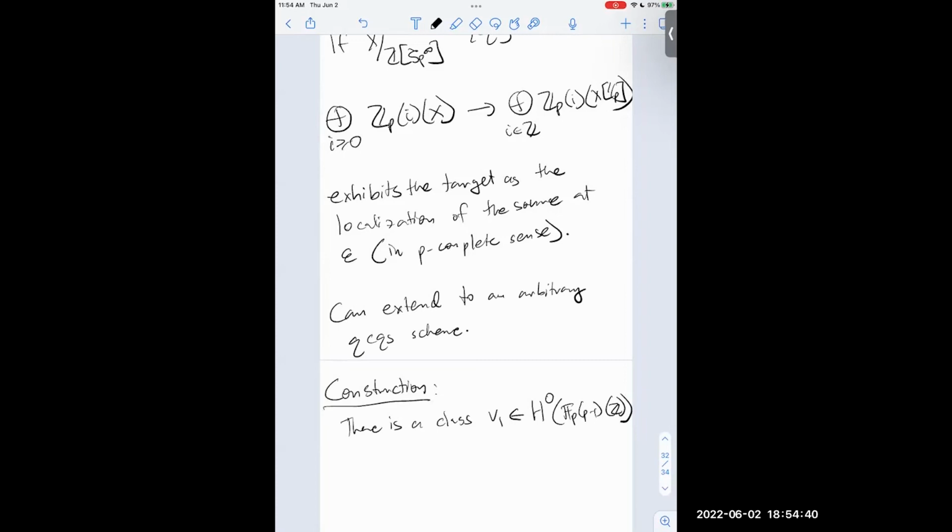So the class epsilon doesn't make sense over Z because we don't have a system of p-power roots of unity.